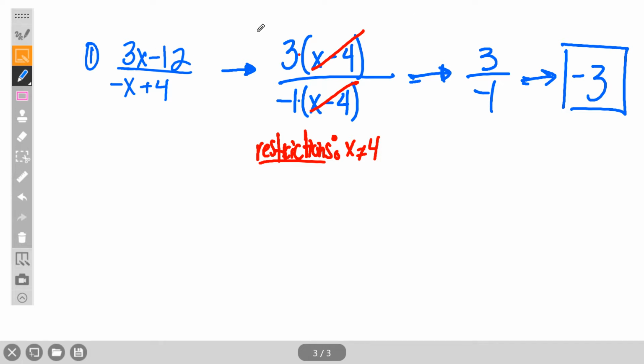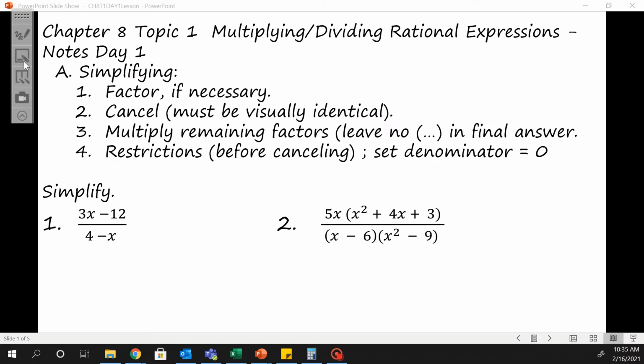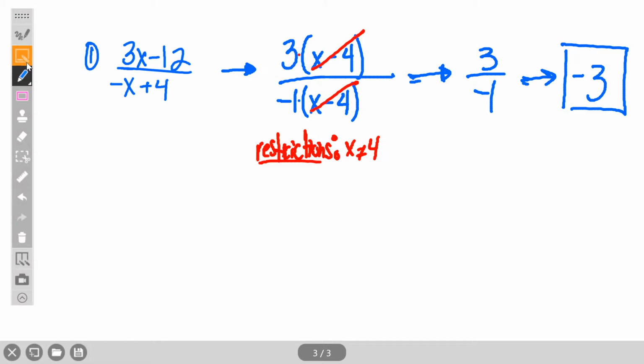However, it has restrictions. X cannot be equal to 4. All right, let's take a look at the next one.